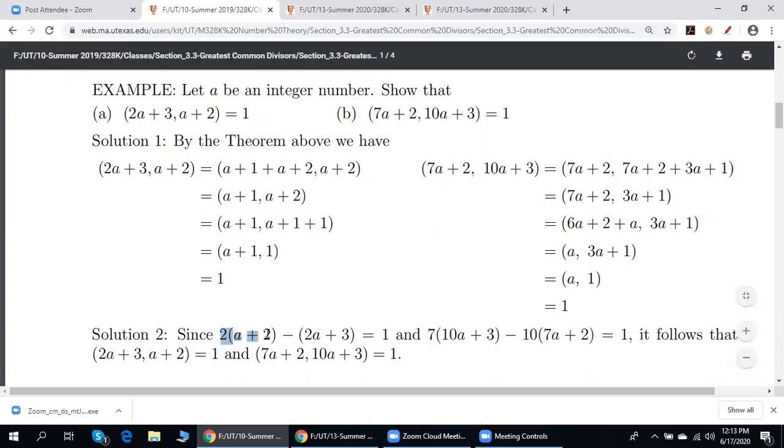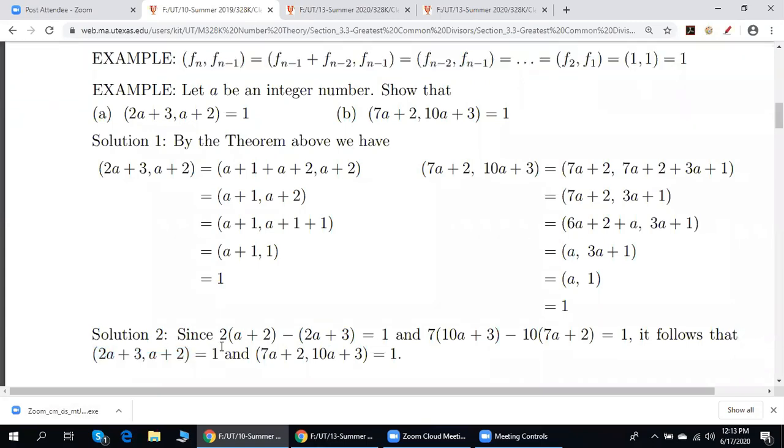Indeed, if we expand parentheses here, we'll get 2a plus 4 minus 2a minus 3. It's 1. Note that this immediately implies this, and the problem is solved. But of course, the question is, why does this immediately imply this?